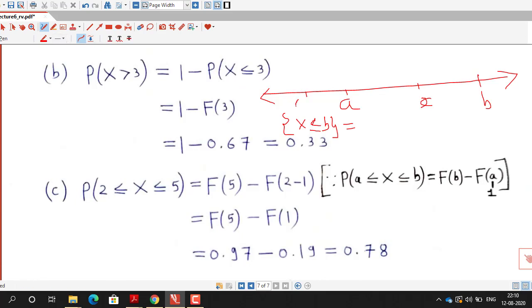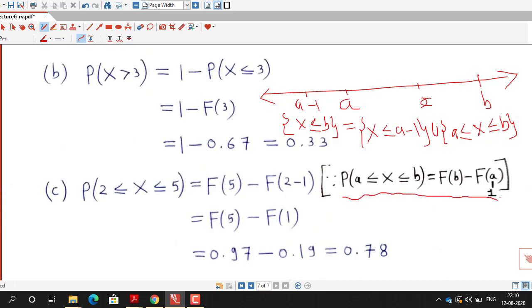Suppose this is a minus 1. So I consider these two events: x less than or equal to a minus 1 and this event a less than or equal to capital X less than or equal to b. Okay, if you can understand this, you don't have to remember this.